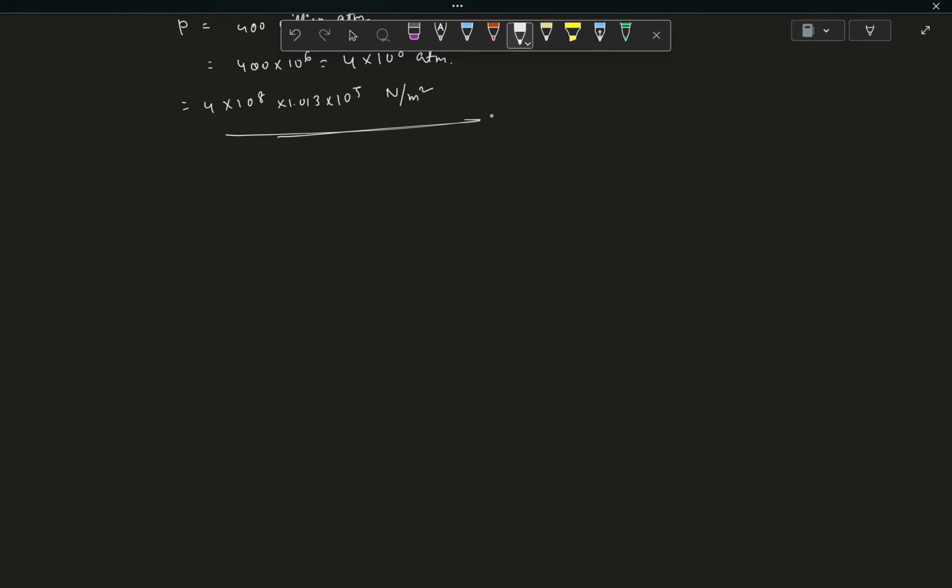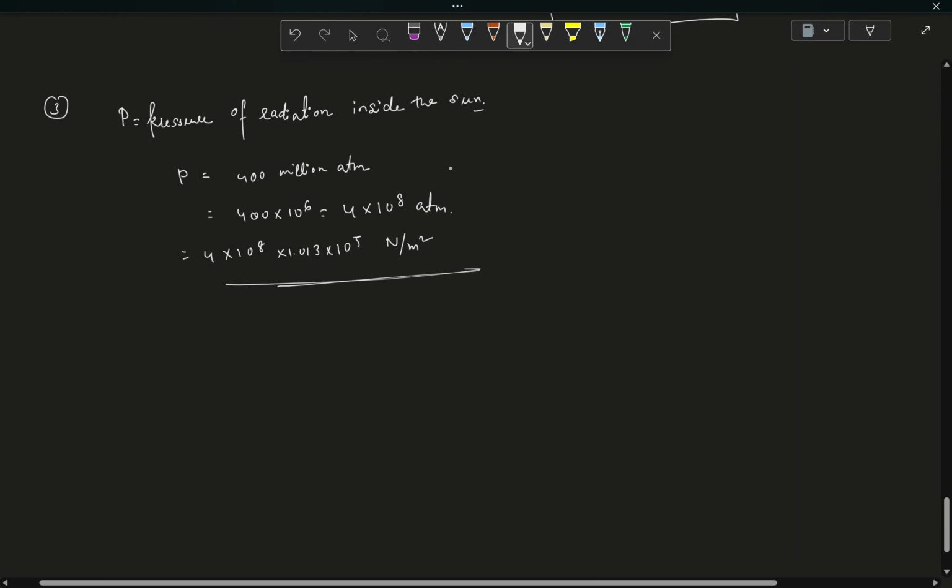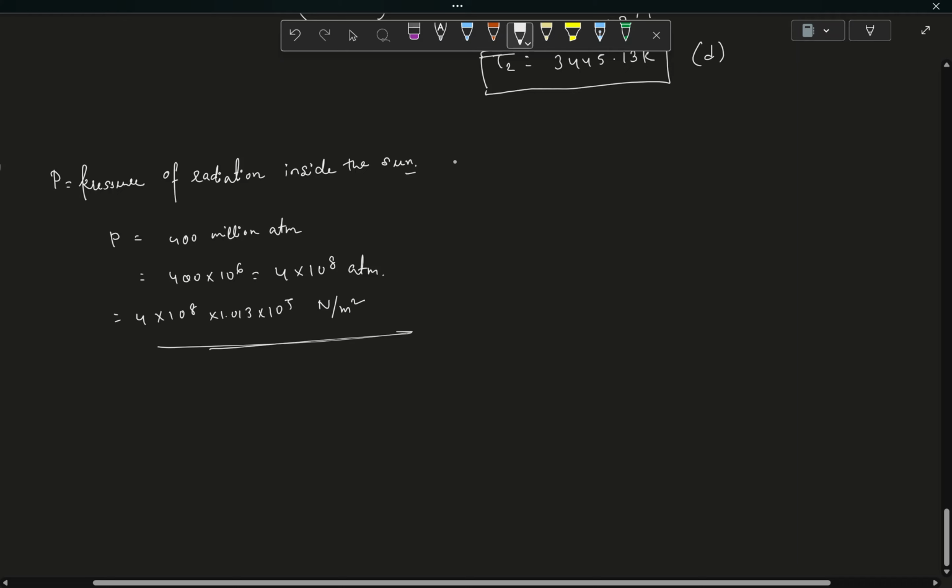So this is the pressure value inside the sun. You can see how enormous the pressure is, because it is the sun, so obviously the value will be quite huge. But for the rest of it, we have to use the formula of pressure of radiation.